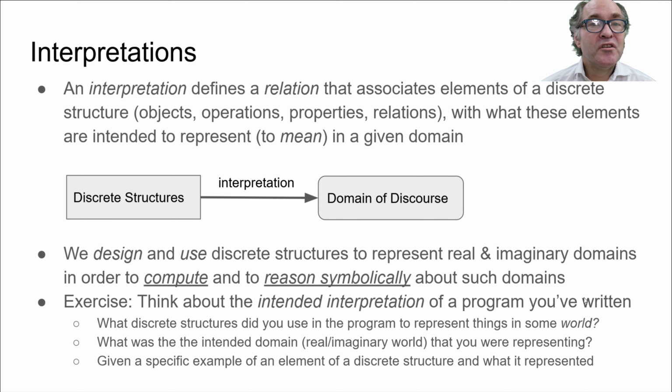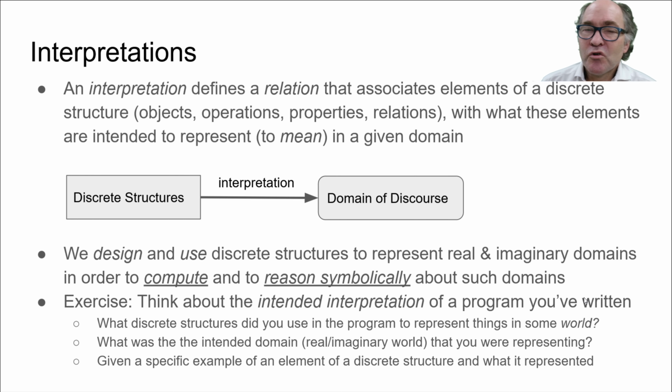So there's not a predetermined association between symbols and things in the world. We select symbol systems that are appropriate, or we design symbol systems that are appropriate for representing what we want to represent, what we want to compute about, and what we want to reason about in the world. Because we have to set up these correspondences, these interpretations between the symbolic stuff and the stuff in the domain that we want to represent.